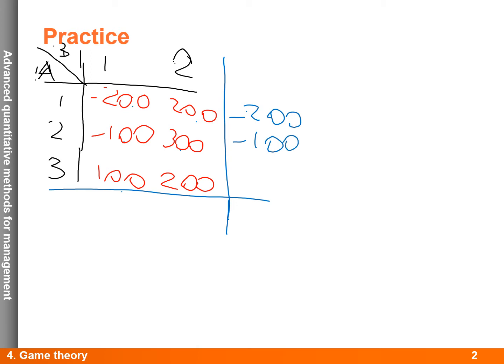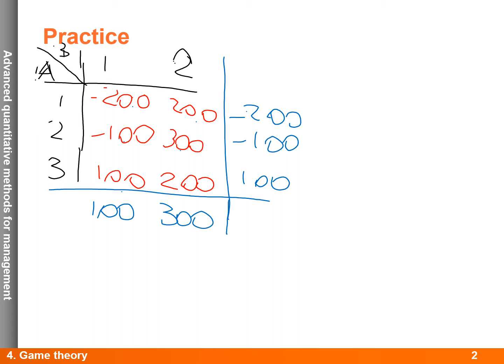And the minimum between 100 and 200 is 100. For player 2, that is player B, the maximum of the first column, between minus 200, minus 100 and 100, is 100. Between 200, 300 and 200, it is 300.